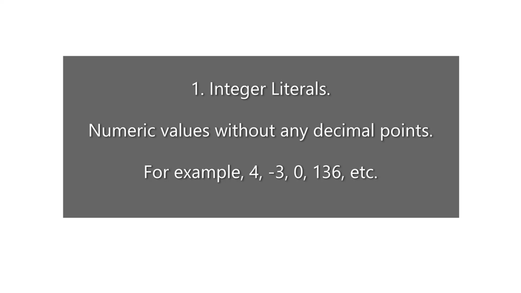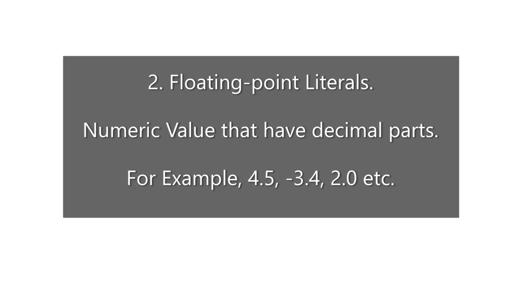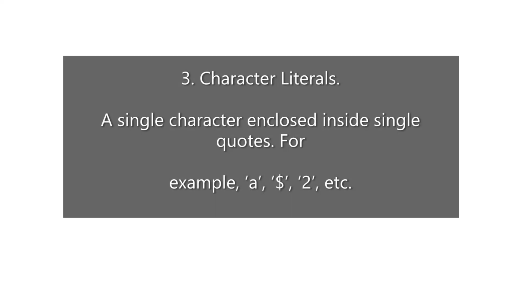136, etc. 2. Floating point literals. Numeric values that have decimal parts. For example, 4.5, minus 3.4, 2.0, etc. 3. Character literals. A single character enclosed inside single quotes.